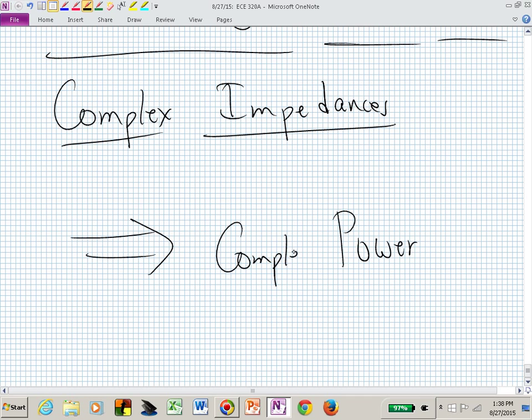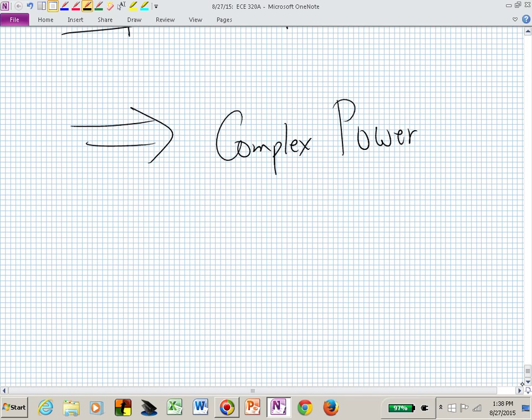Complex impedances lead to complex power. And the expression that we will use, again, we just start going up the alphabet. And since R was already used for resistors, can't use that. But we need a variable for complex power. We've already used P, Q, R. We can't use S. So now we have S is P plus jQ.